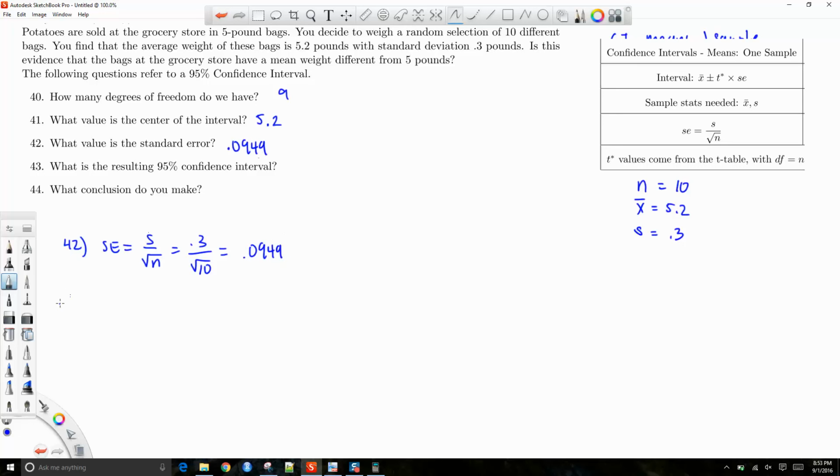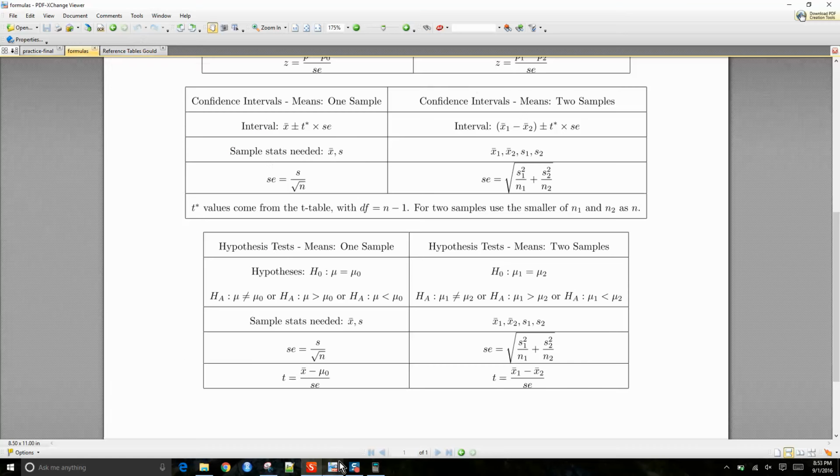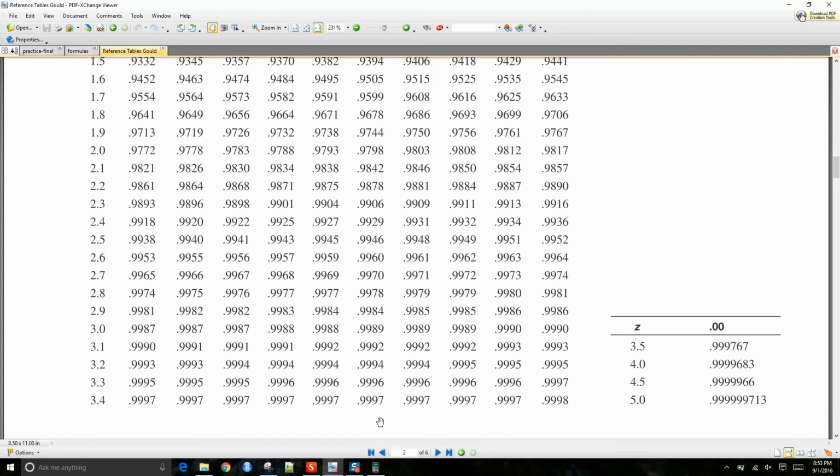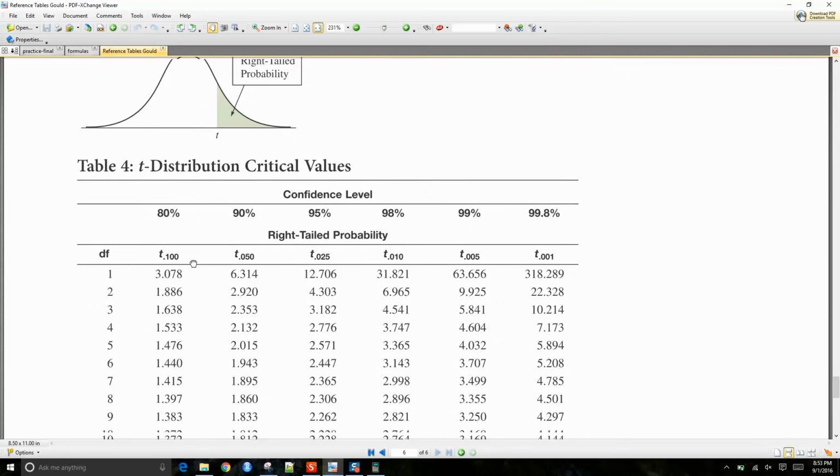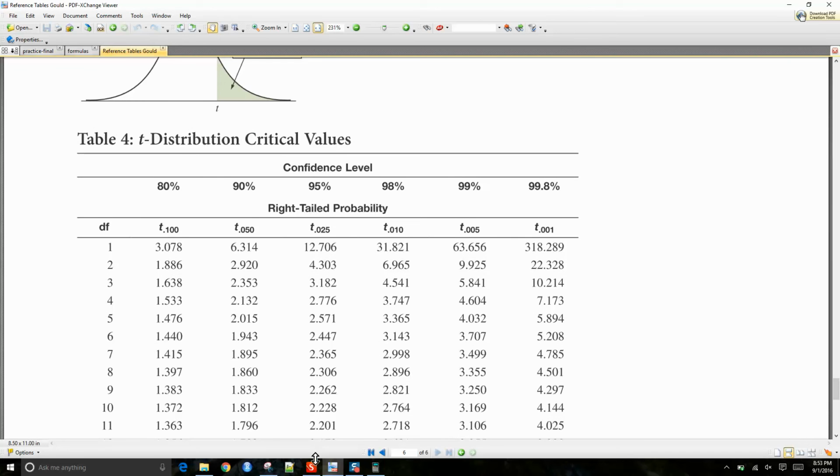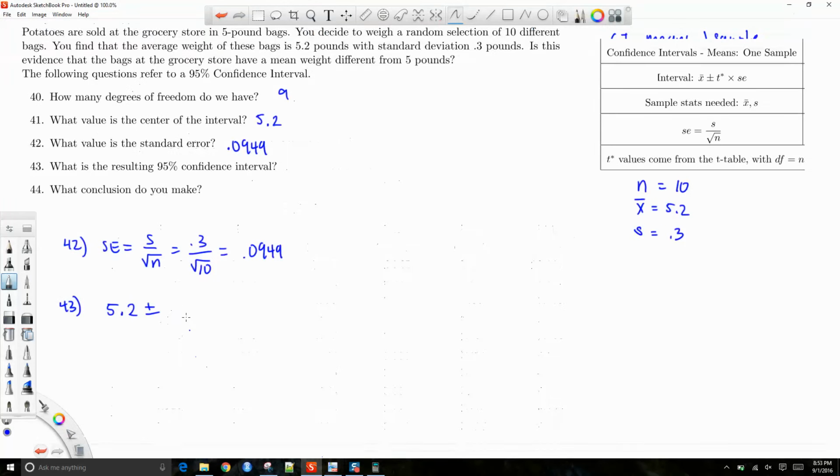The resulting confidence interval, plugging everything in, is X bar, 5.2, plus or minus T star. Looking up T star, 9 degrees of freedom, 95% confidence, 2.262.